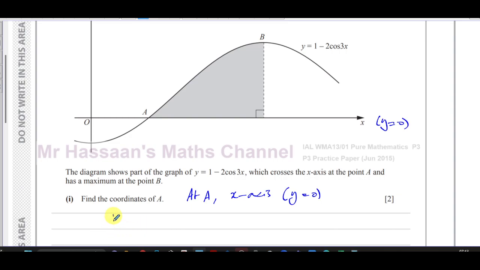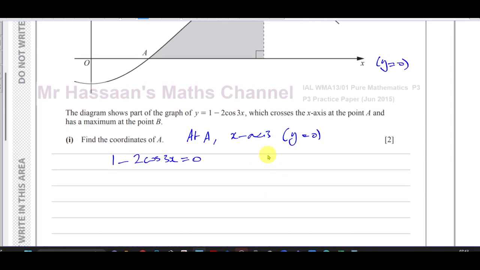So 1 minus 2 times the cosine of 3x equals 0. Rearranging, I get cosine of 3x is equal to a half.